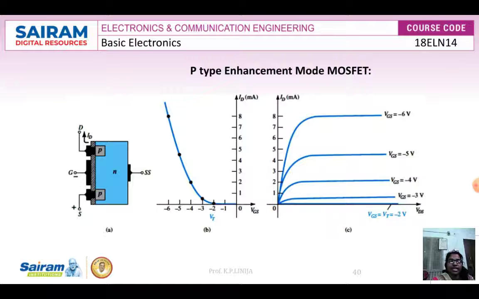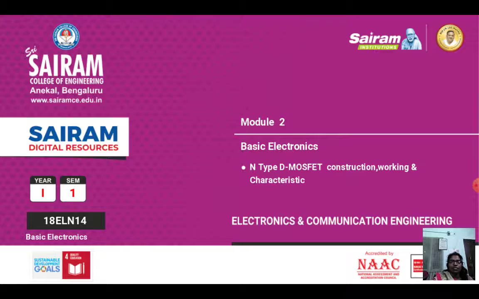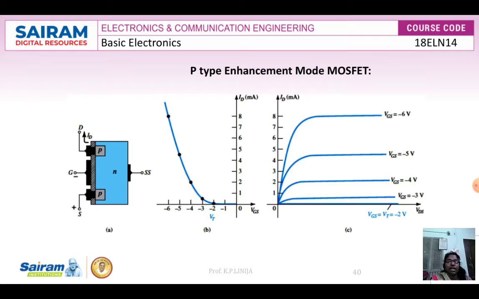If you compare NMOS and PMOS, the voltage polarities and the current directions are reversed. The drain characteristics will increase the level of current, and this results from increasingly negative values of VGS. So these are all about the enhancement mode MOSFET. Thank you.